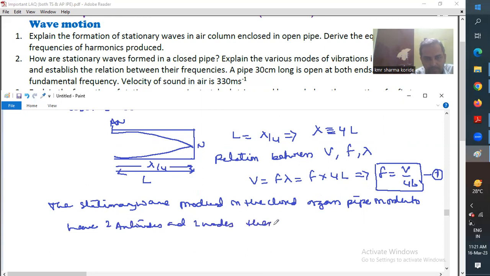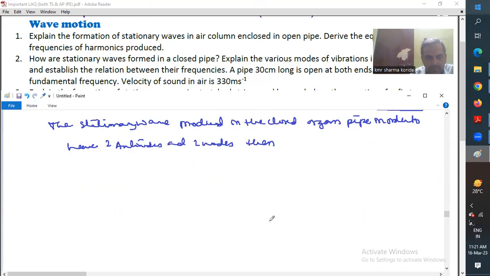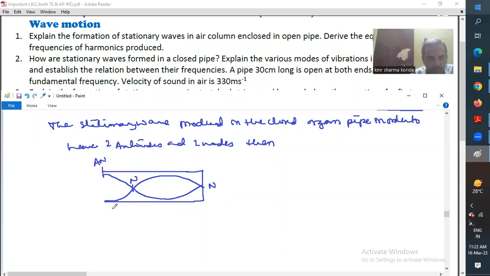Once again, draw the closed organ pipe with two antinodes and two nodes. This is a node, antinode, then antinode.